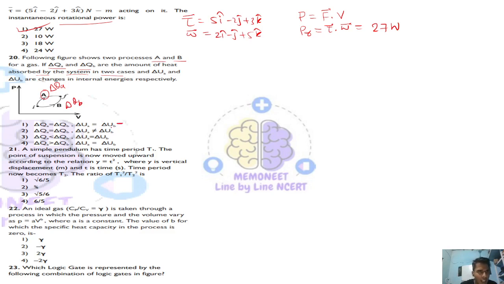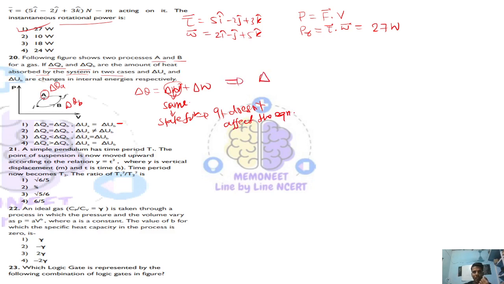If you want to calculate the heat, as you know, the energy equation, delta Q equals delta U plus delta W. Delta U will be the same for both, as it is a state function, so it does not affect the equation.